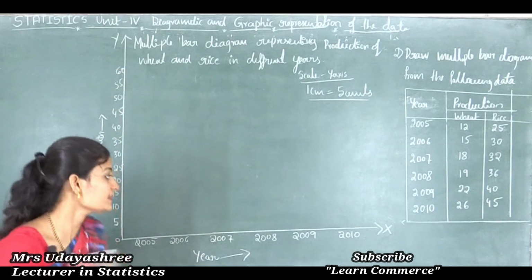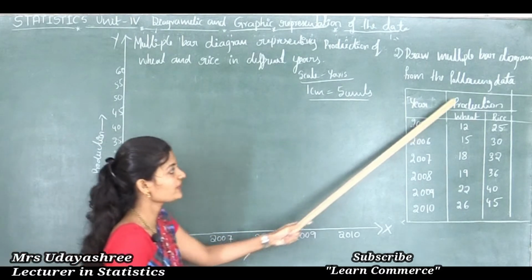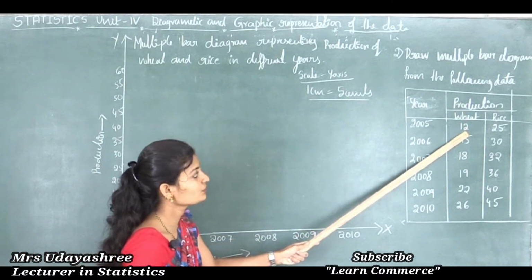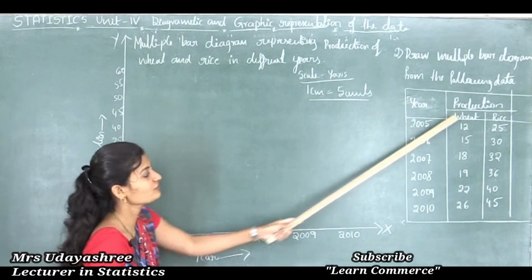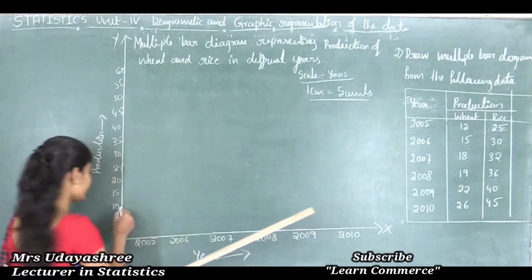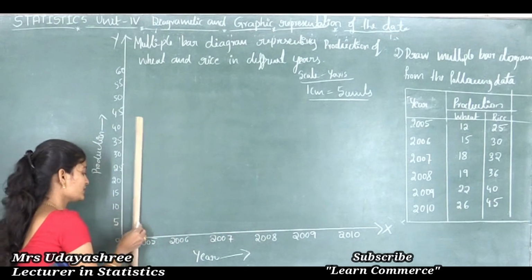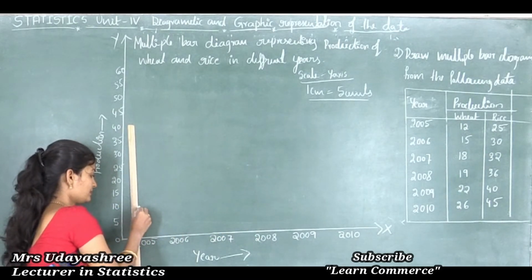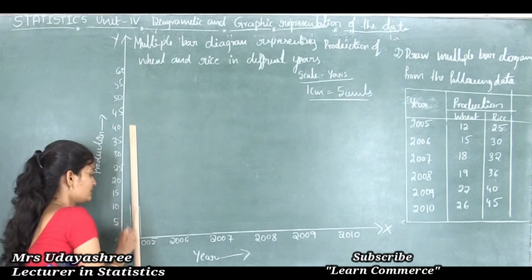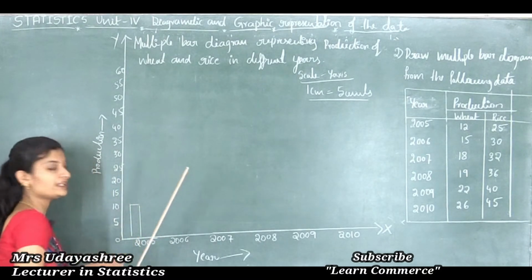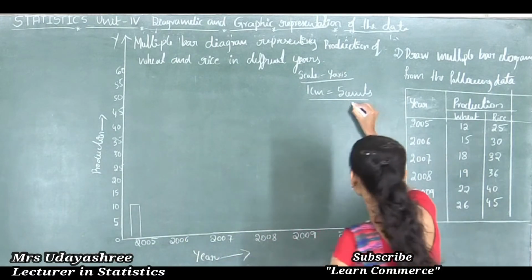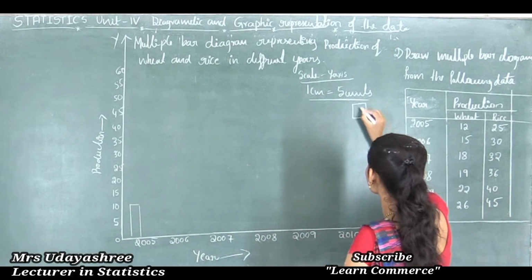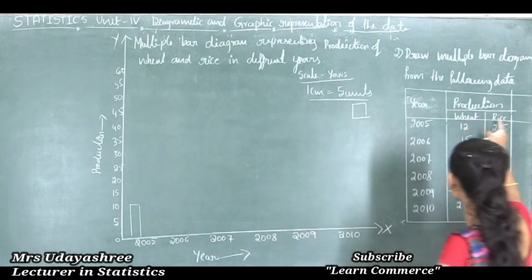See, in the year 2005, the production of wheat was 12 ton. So 10 is here, 12 comes here, so here I will mark like this. Before that, I will give some shading marks to wheat and rice.